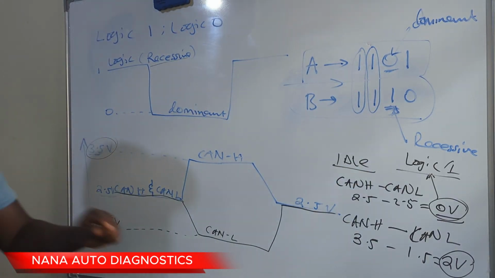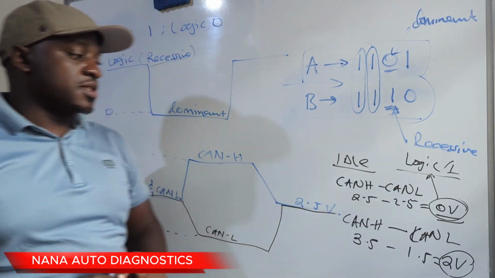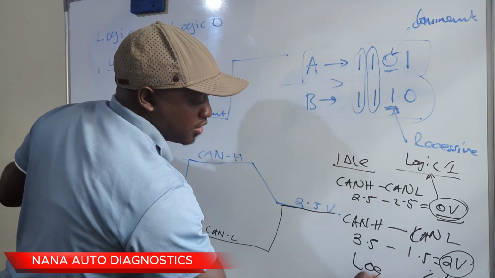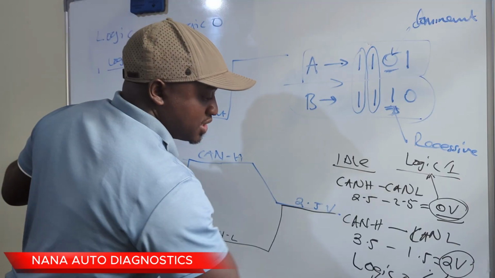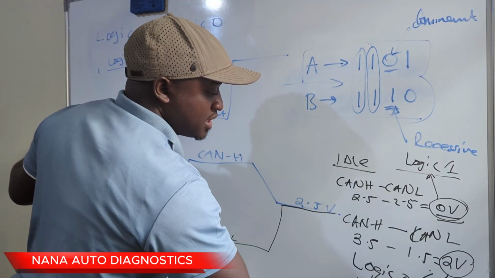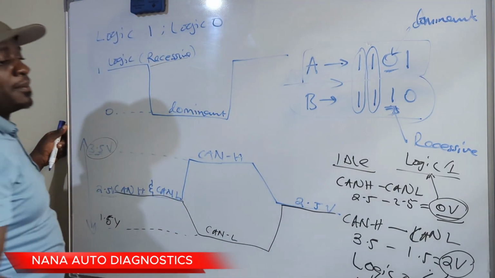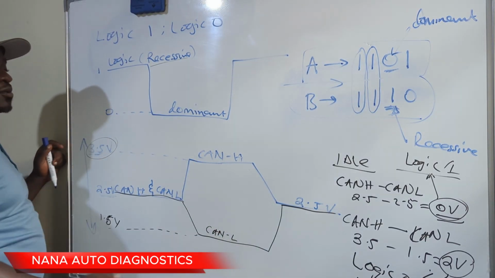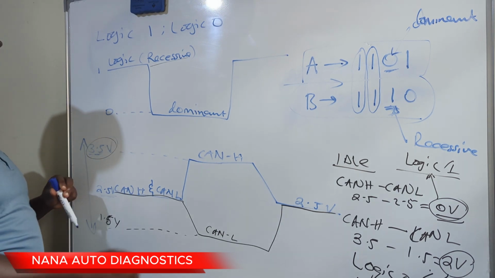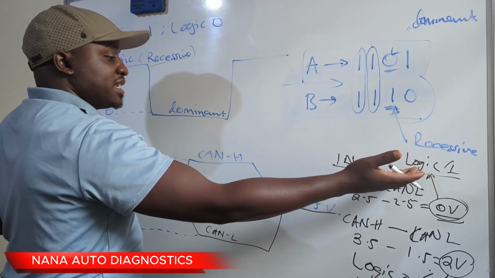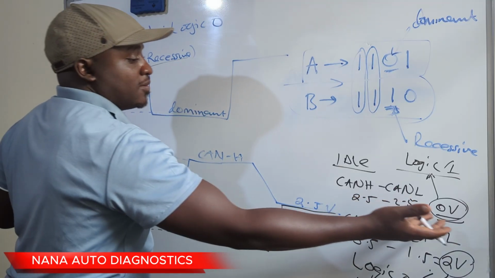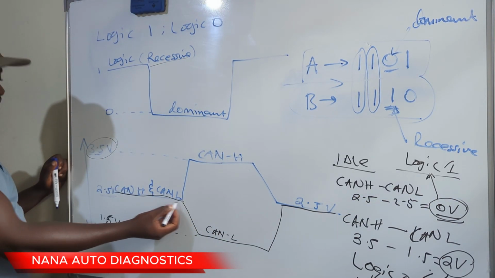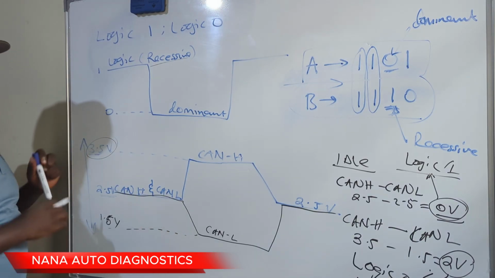Now whenever we have a difference of 2 volts on the CAN bus, that is considered a logic 0. And a logic 0 is a dominant logic state on the CAN bus. So in simple terms, at that point, the bus will be active. Whenever we have a logic 1, which is representative of a voltage difference of 0 volts, the bus will be recessive or passive, so we shall not have transmission on the bus.